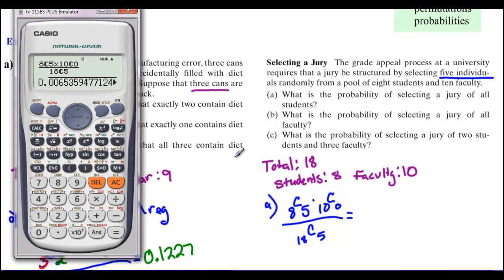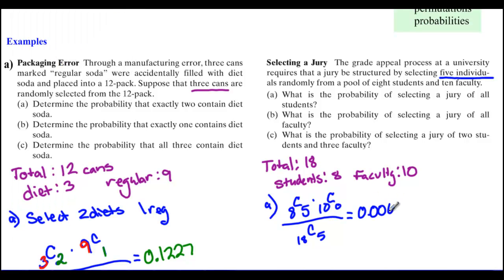And we're going to get 0.0065. So not very likely.